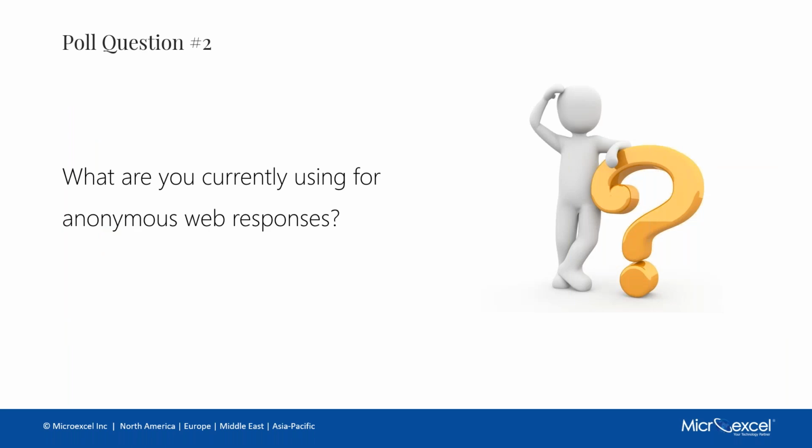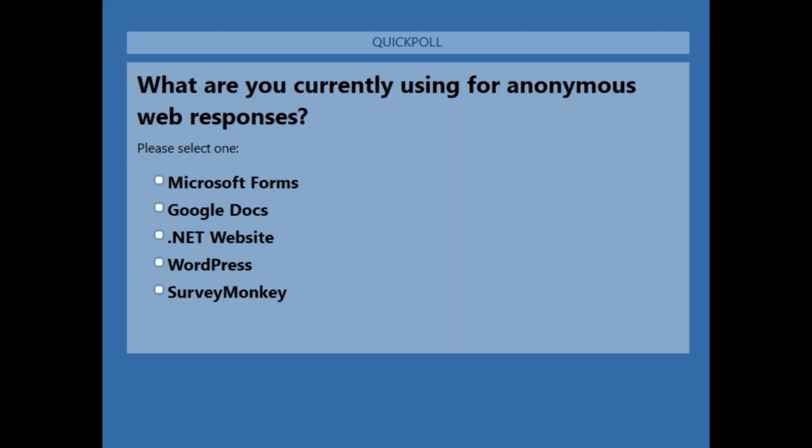So at this point, let me pause a second from talking while we ask the next poll question. Sure, and here is our second poll question. What are you currently using for anonymous web responses?